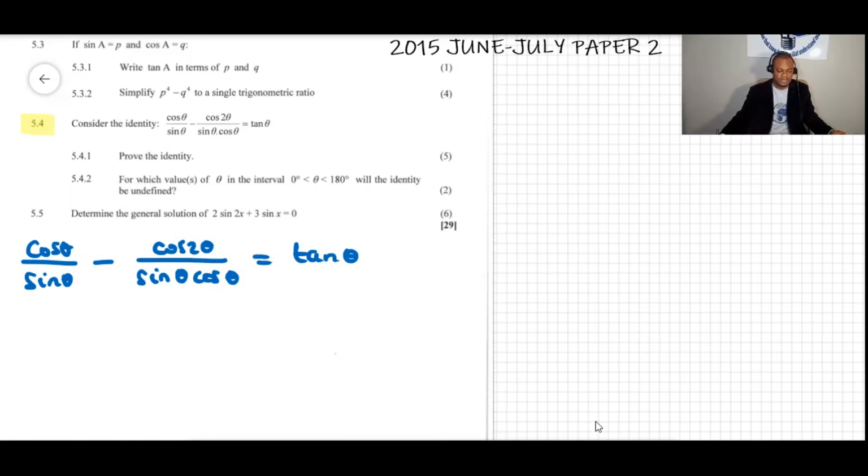First, the first fraction I keep the same, because I cannot simplify and not expand here, so I leave it cos theta over sin theta.